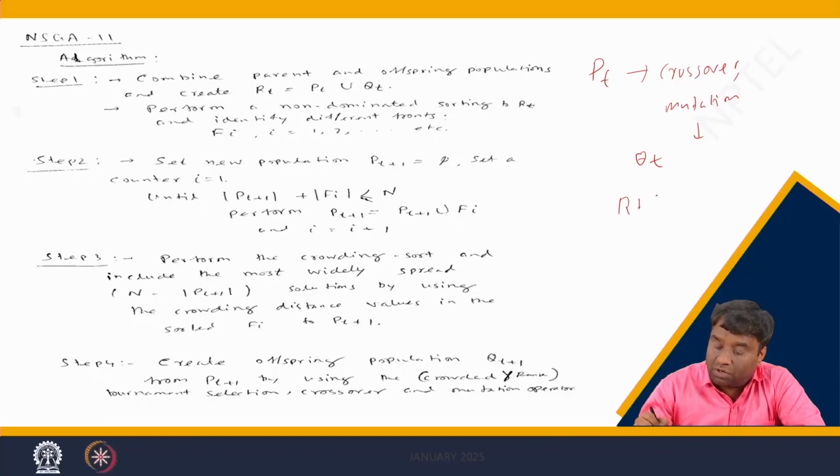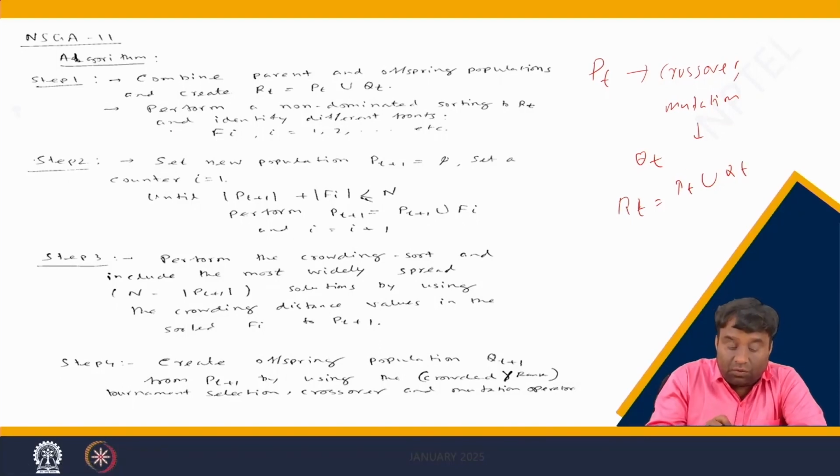Now we assume RT equal to PT union QT. After RT, we perform non-dominated sorting on RT and identify different fronts.